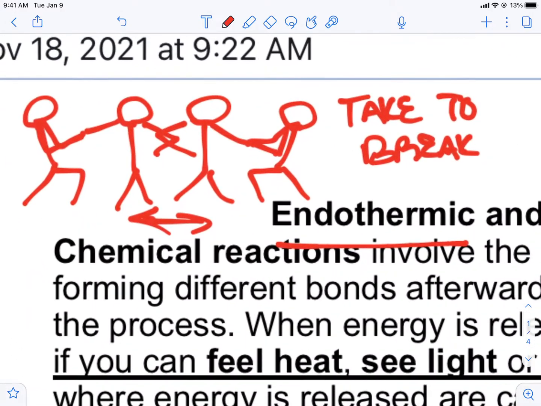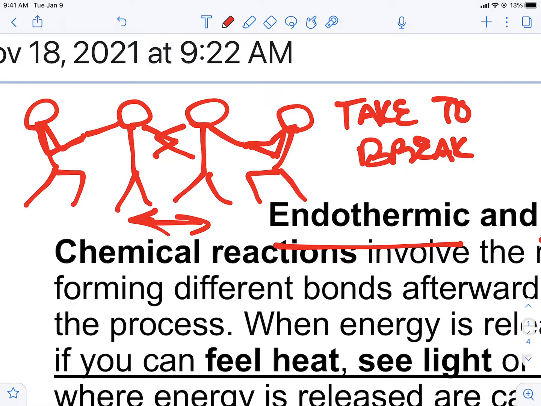First of all, I want you to imagine that you are in a group of four people, and you are one of the people on the outside of this scenario where you have two people linking arms in the middle. Your goal is to pull these two people apart.